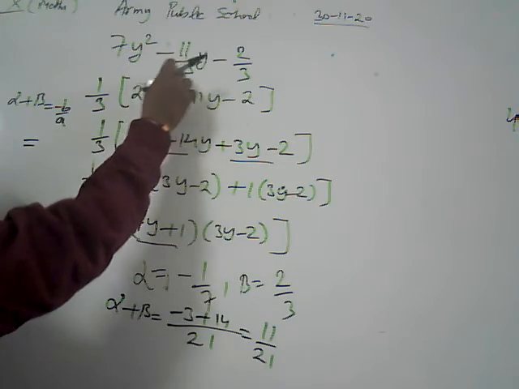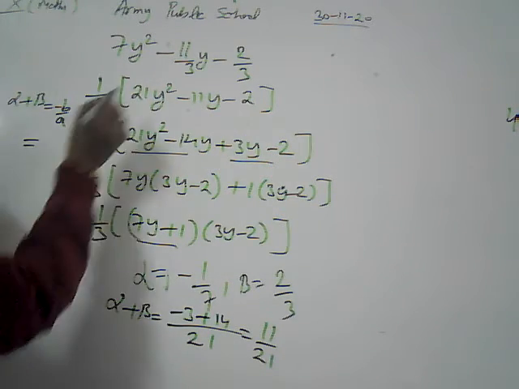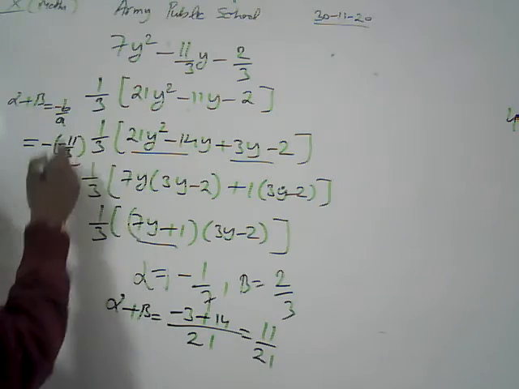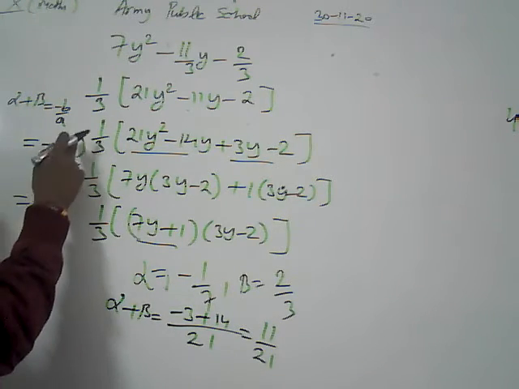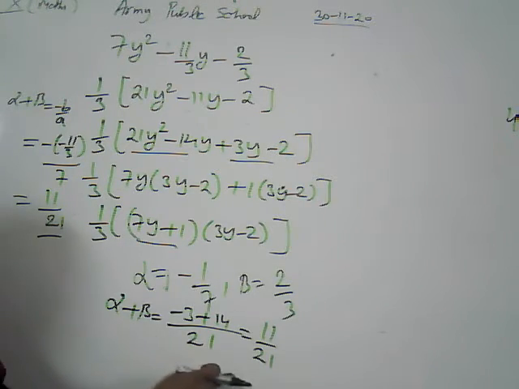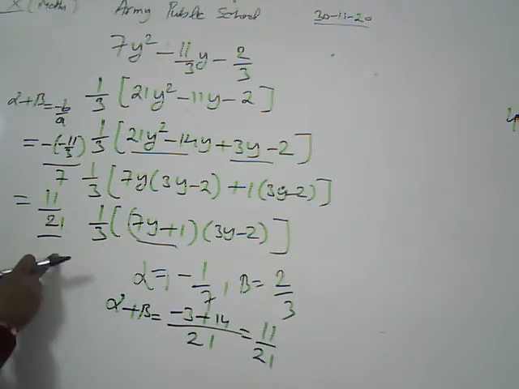This is our b, 11 by 3, minus minus means plus 11 by 3, and the value of a is 7. Then we get 11 upon 21. Look, the value of minus b by a is equal to alpha plus beta, which means we have verified that the sum of zeros is equal to minus b by a.